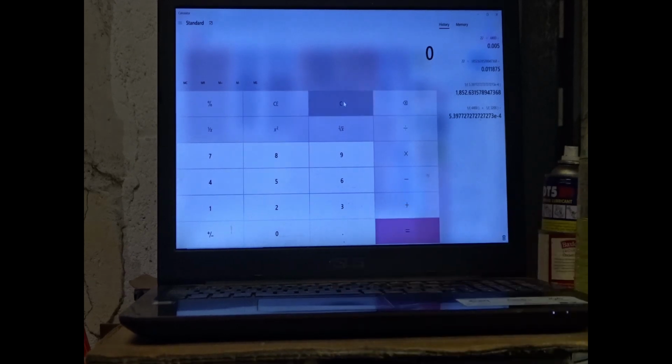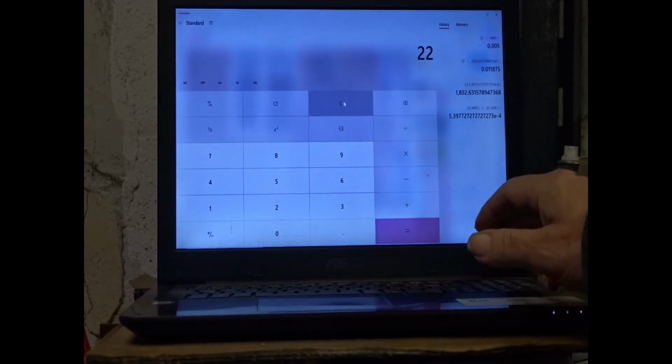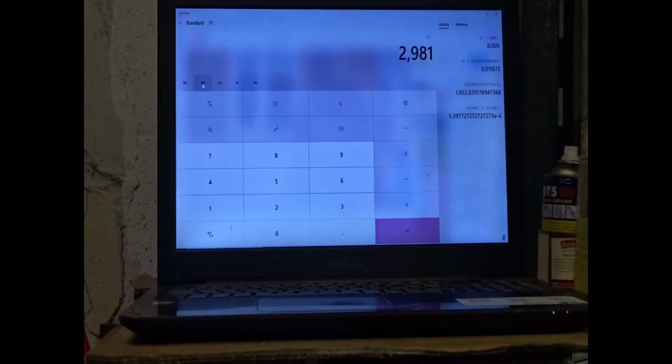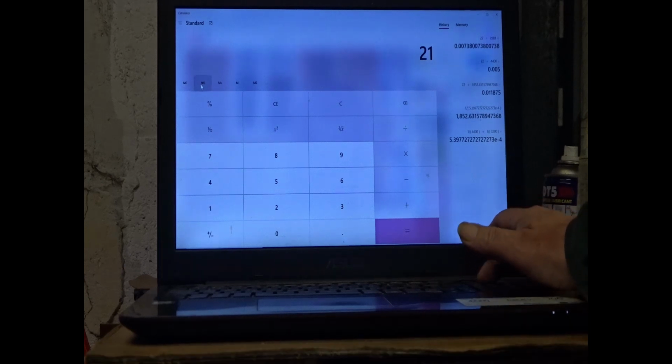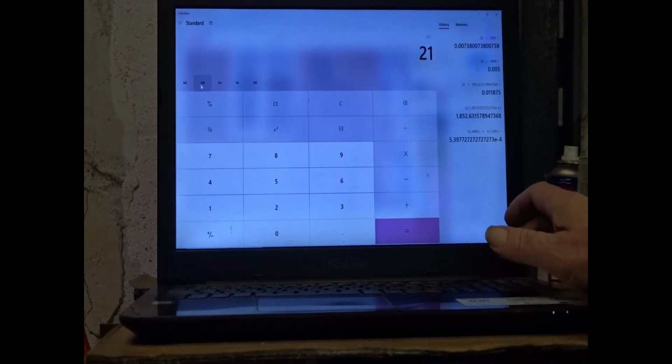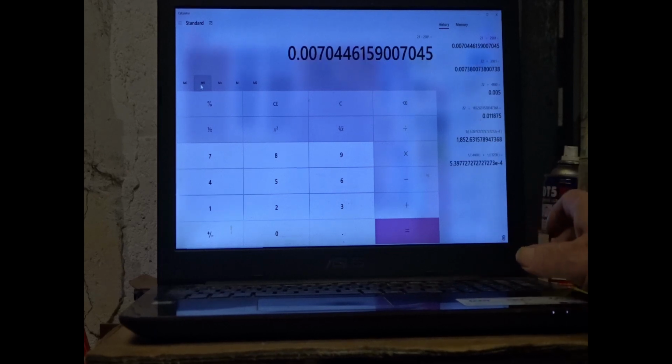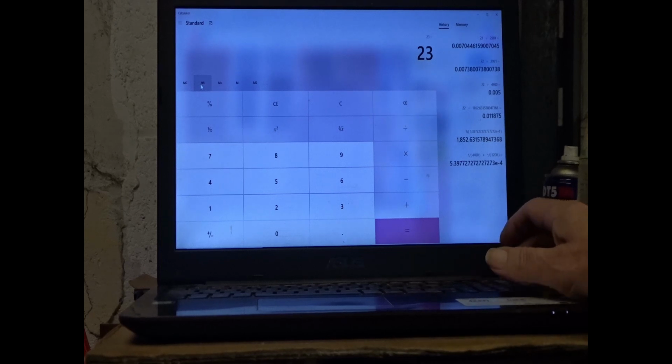Now if we were talking 22 volts, 22 divided by memory recall equals 7.3 milliamps. We're down at the low end. 21 divided by 2981, 7 milliamps. Work with 23 volts divided by 2981.